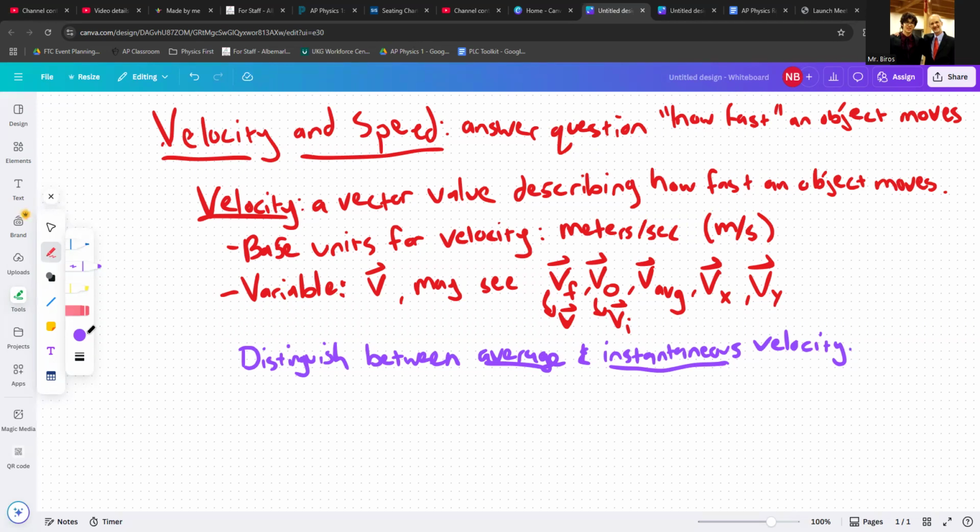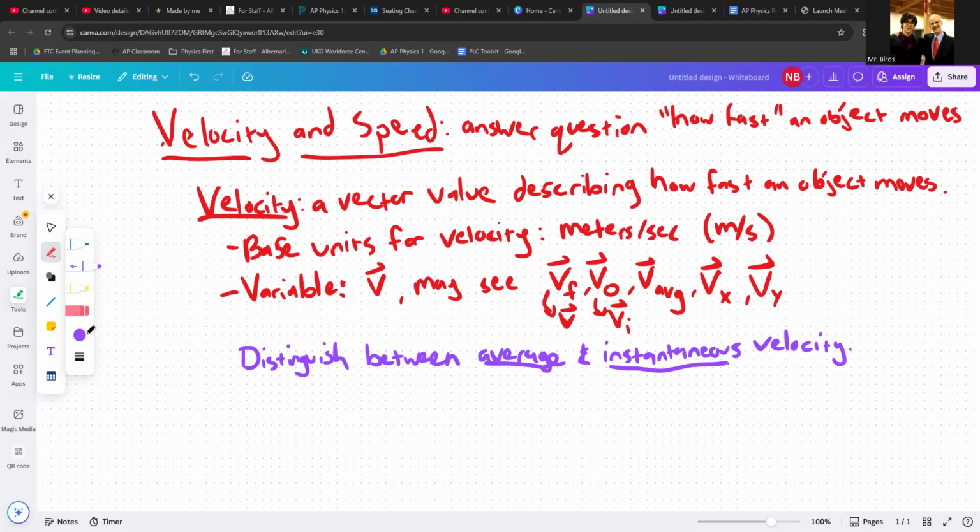How fast was the object moving right at the beginning? At the end of that time, it has a final velocity. Those are instantaneous velocities. At that split second, how fast was it going? And final, same thing, right at the very end.